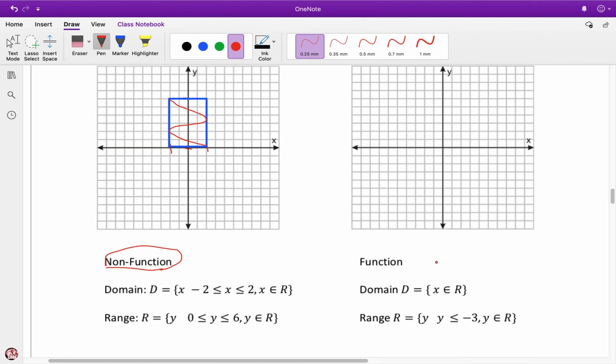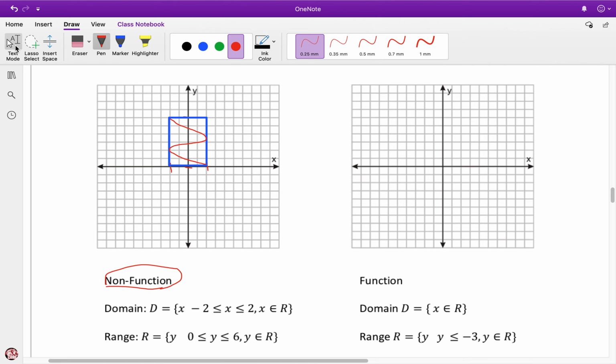Right. Next one here. I have a domain of any real number. So we can go on forever this way. I have no restriction. This one here says y is less than -3. So 1, 2, 3. That's as high as I can go. And I can draw anything as long as it goes forever this way.